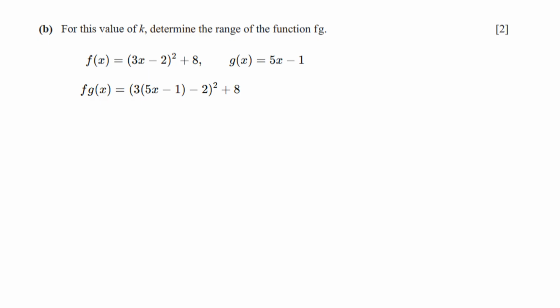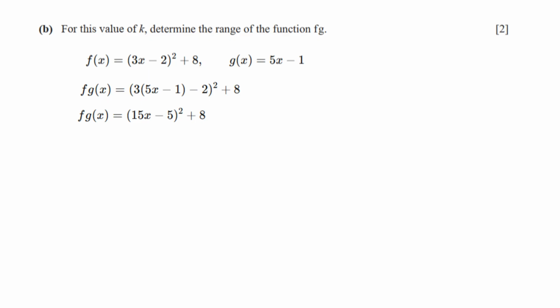Expand the bracket. 15x minus 3 minus 2 the whole square equal to 15x minus 5 the whole square plus 8. Here the coefficient of the 15x minus 5 the whole square term is 1, that is positive 1, and this is in a completing the square format.